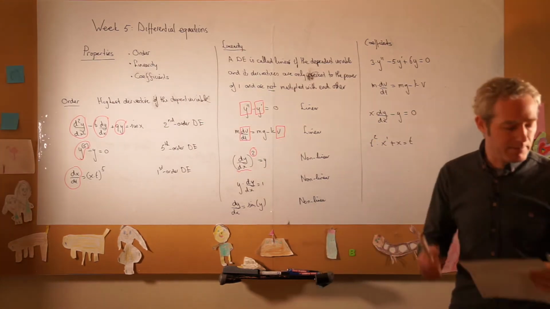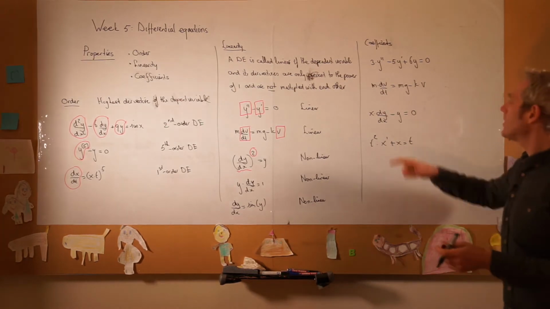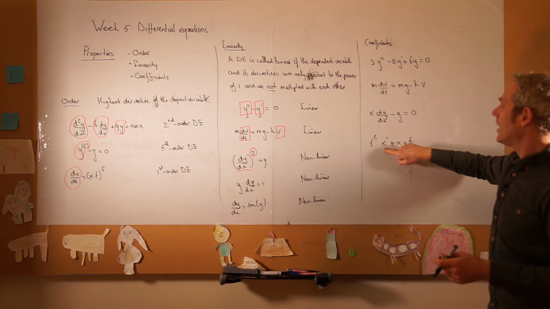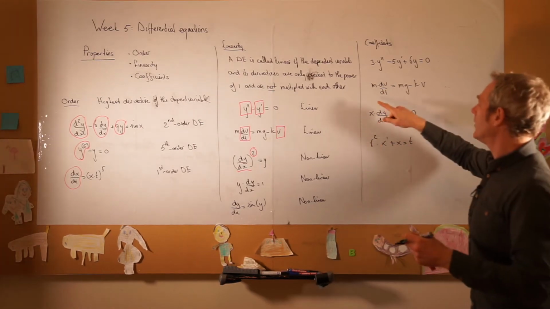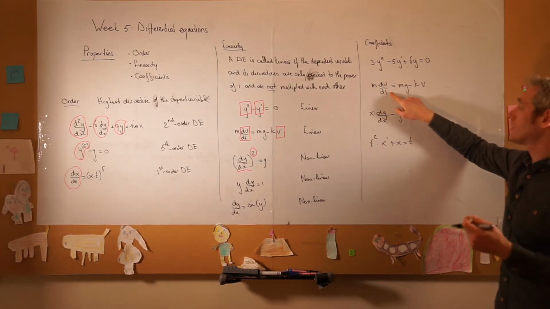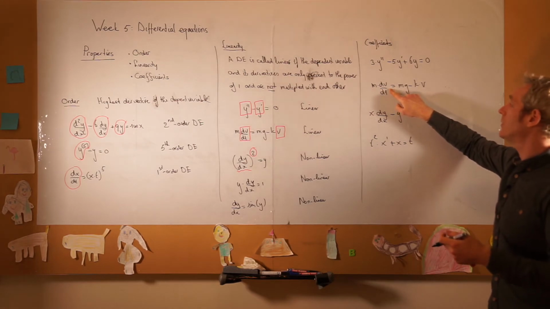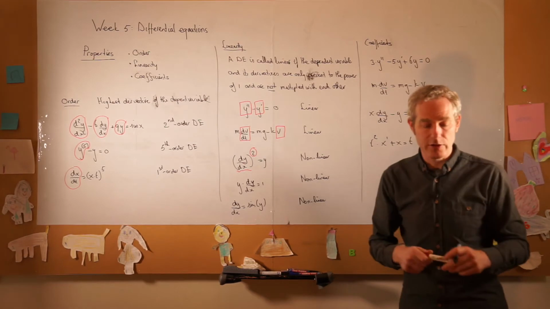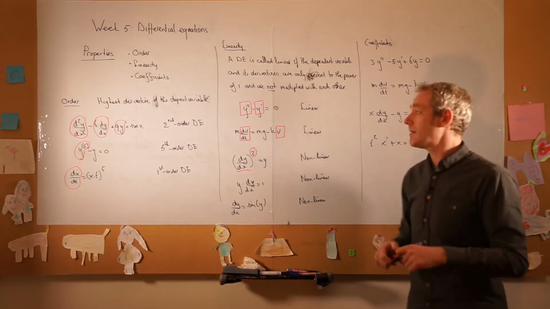Now, I've mixed and matched dependent variable names. So here it's y, here it's v, here it's x. I've also mixed notation, so dv dt is the first derivative of v, but here I use primes. You will see in the literature you read that they are mixed and matched.